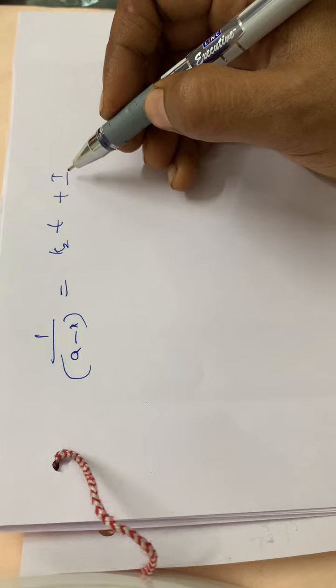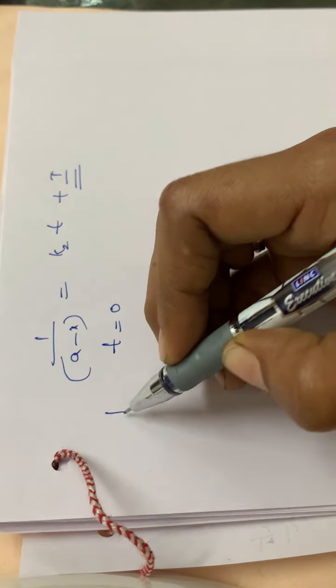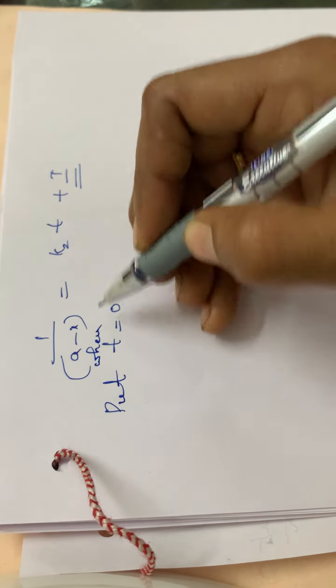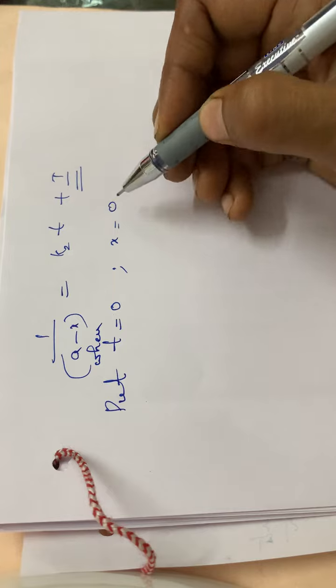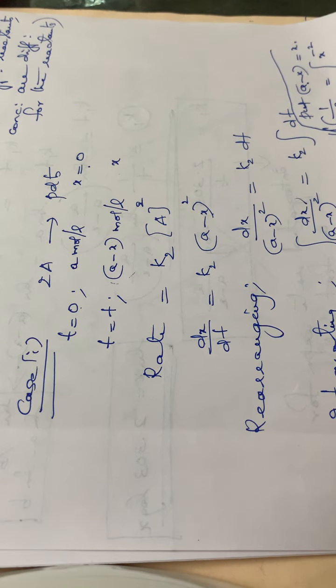Then you have to find the value of I. For finding the value of I, put t equal to 0. When t is equal to 0, what about x? X will be equal to 0, from the first equation.